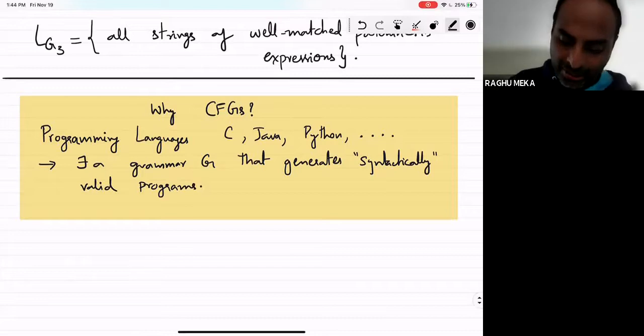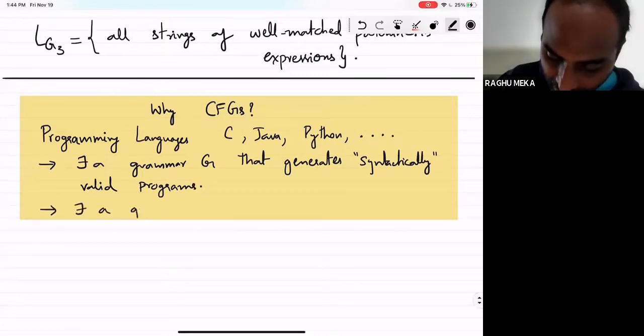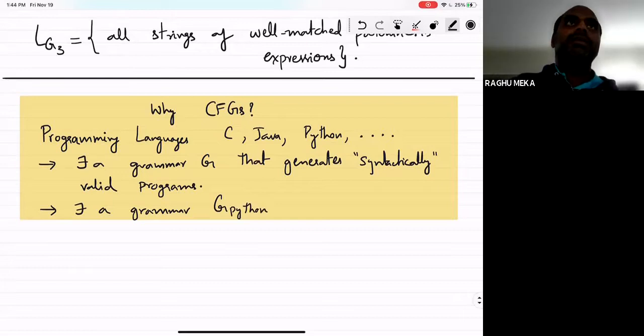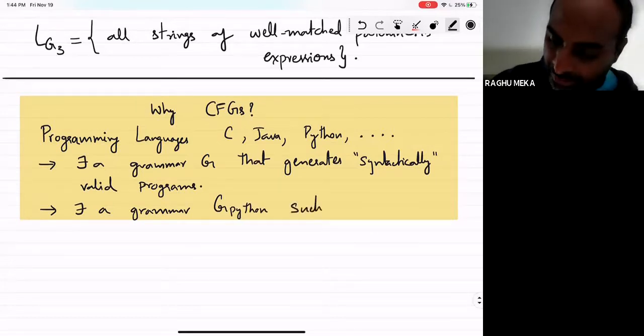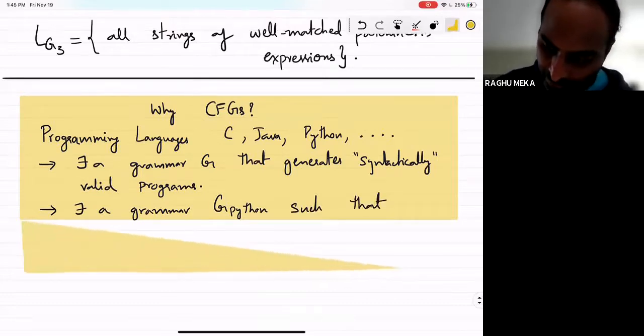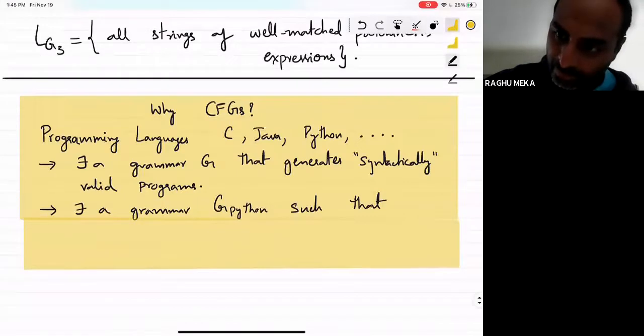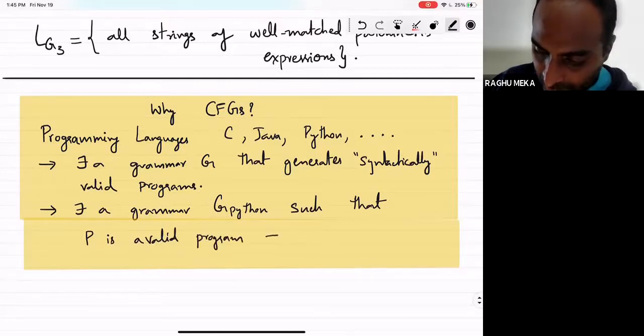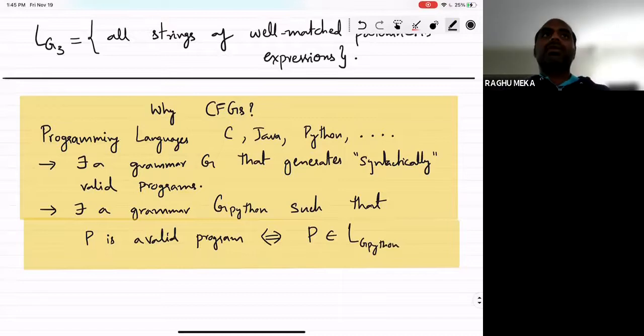Meaning there exists a grammar, some set of rules, G Python, such that P is a valid program if and only if P belongs to L of the grammar.